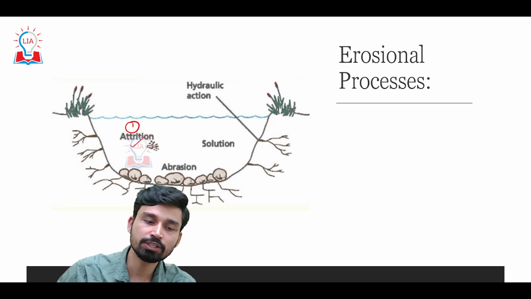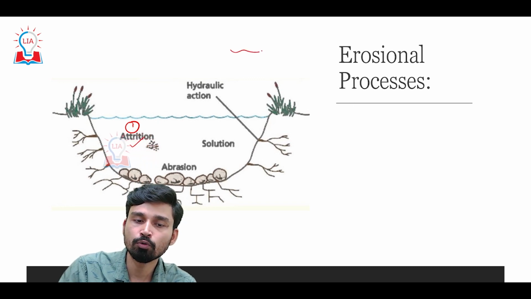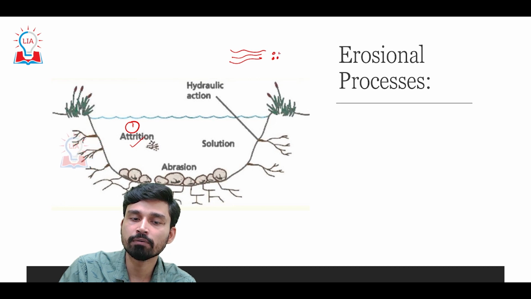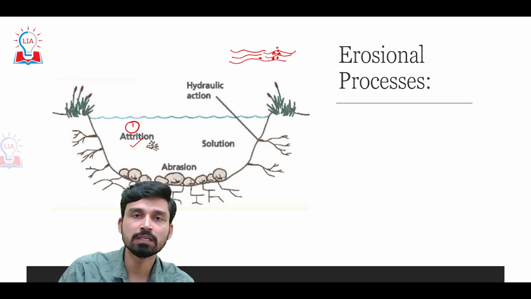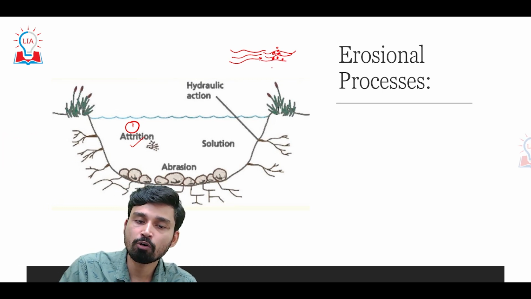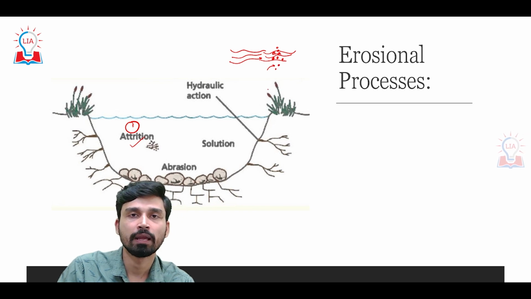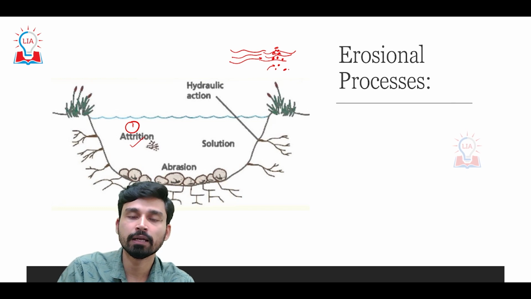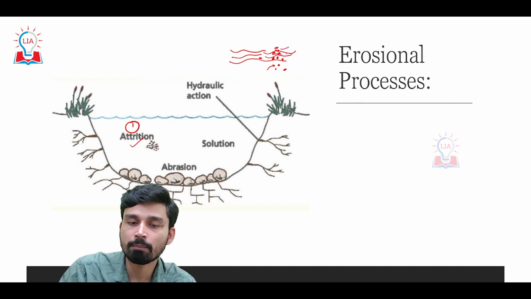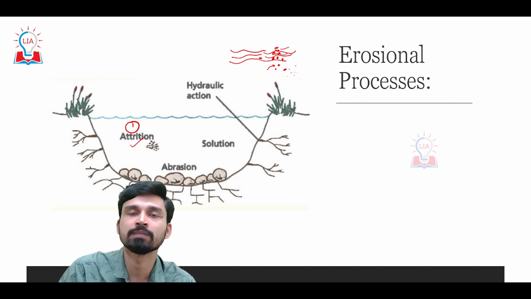Attrition refers to the process where, due to the flow of rivers, a large amount of rock fragments are eroded and broken away. As the river carries these small fragments of rocks, they collide with themselves, and due to the collision of these rock fragments, there is further attrition, that means they break apart into smaller and smaller fragments.